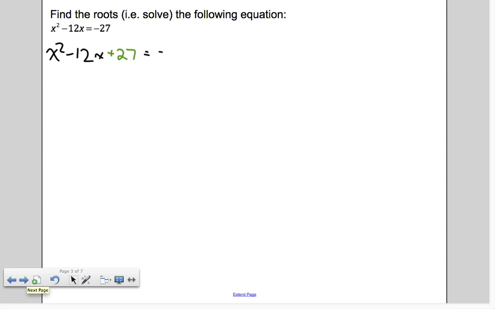It's equal to minus 27 plus 27. So that leaves us with x squared minus 12x plus 27 is equal to 0. And you can just do this regular. Oh, I miswrote something. Thank you. Plus 27.